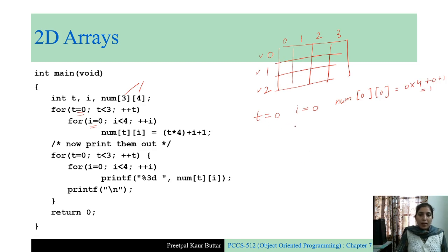Then i will be incremented, i will become 1. So num[0][1] will be equal to t into 4 plus i plus 1, that is 2. Okay. Then i will become 2. Num[0][2] will be equal to 0 into 4 plus 2 plus 1, that is 3. So in this way we are filling these values 1, 2, 3, 4. Okay, i equal to 3.